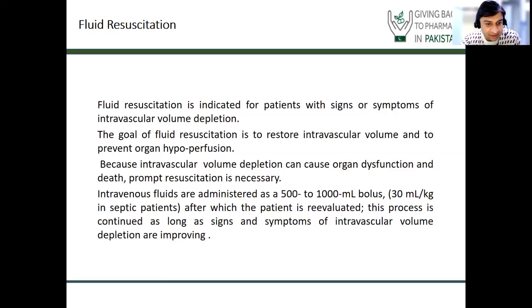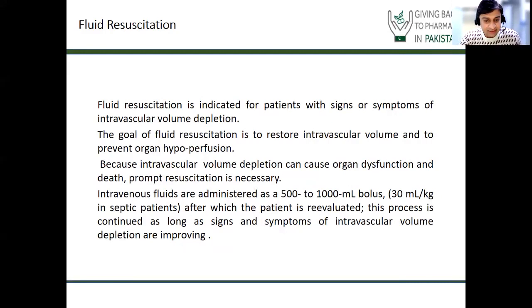Preload determines stroke volume, stroke volume determines cardiac output, and cardiac output determines blood pressure. So if the stroke volume is less, cardiac output will be less, and ultimately the blood pressure will be less, which causes hypoperfusion and end organ damage.